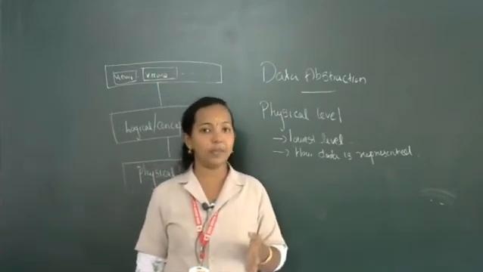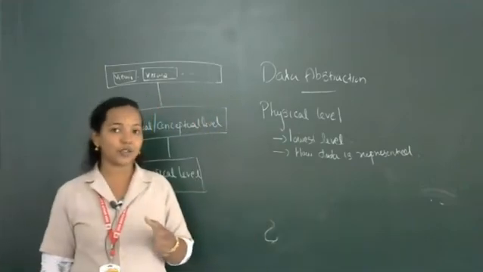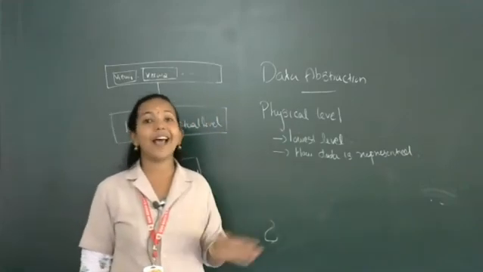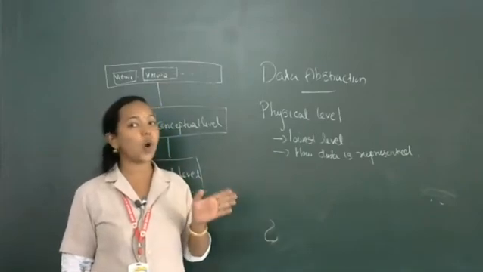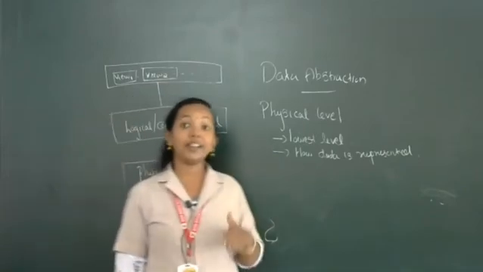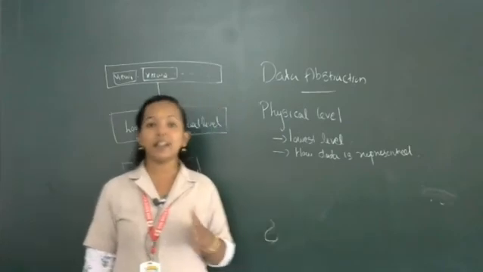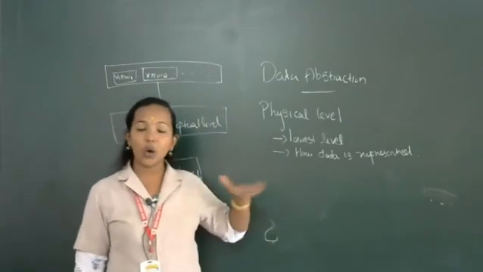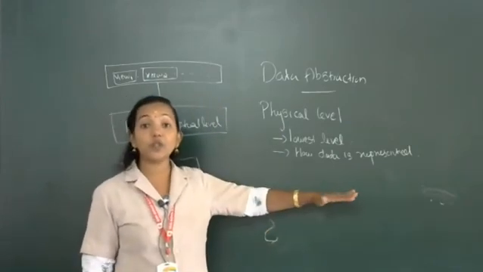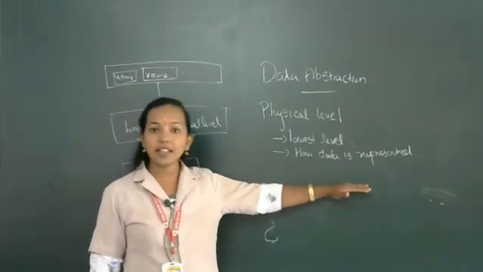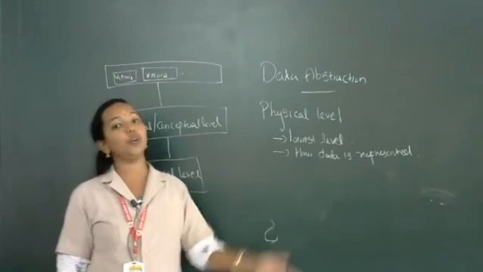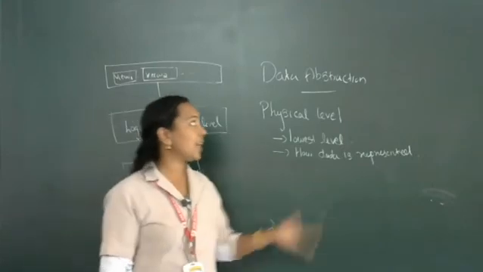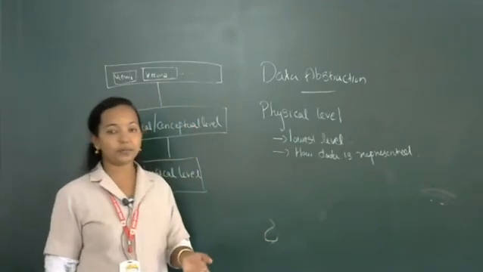That is the definition of DBMS. Organized collection means the data must be in an order. That's why it is known as an organized collection of related data with minimum redundancy. So this is the lowest level. All the other levels belong to this. If any mistake is in this level, it will affect the conceptual level and also the view level. So that is known as physical level.